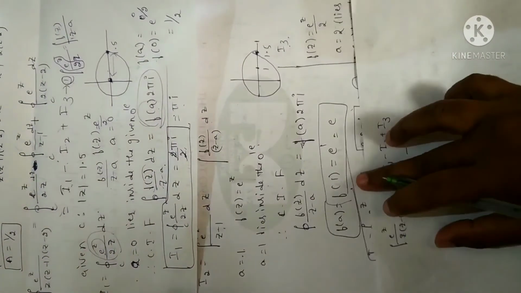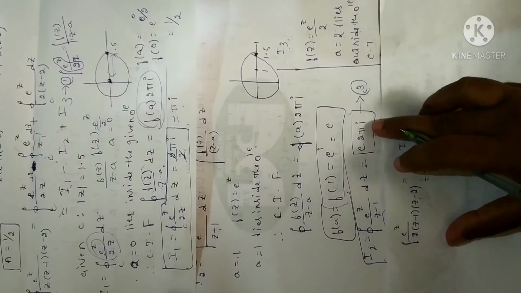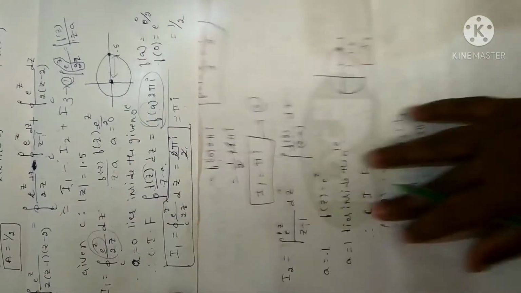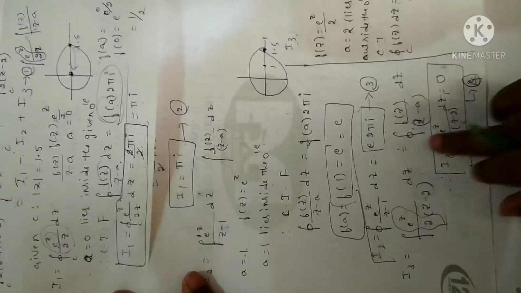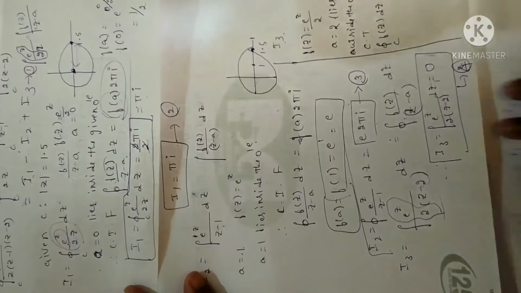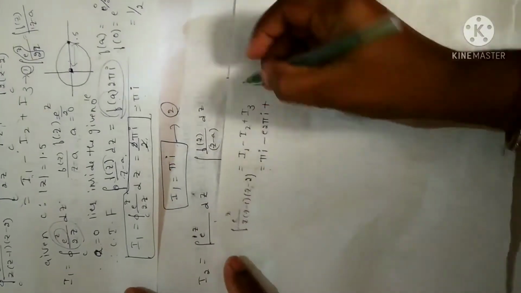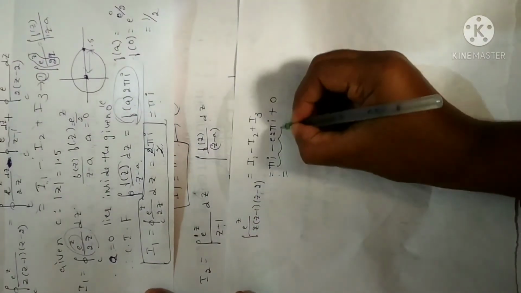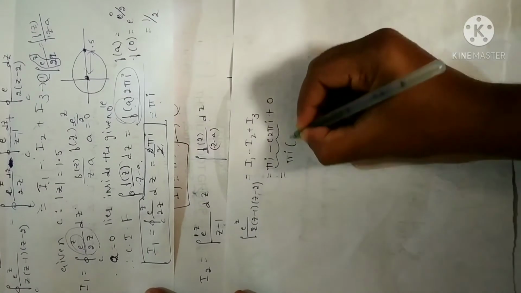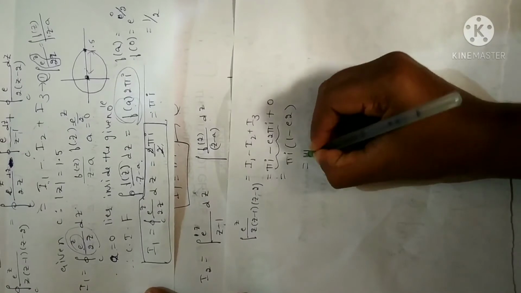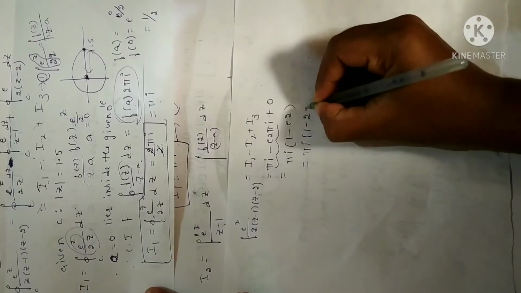So I2 value is e into 2 pi I. Let me write here e into 2 pi I plus I3 value is 0. I have substituted e into 2 pi I for I2, and I3 is 0, so plus 0. So after simplification let me take pi I as common. So you will get pi I into 1 minus 2e, one and the same.